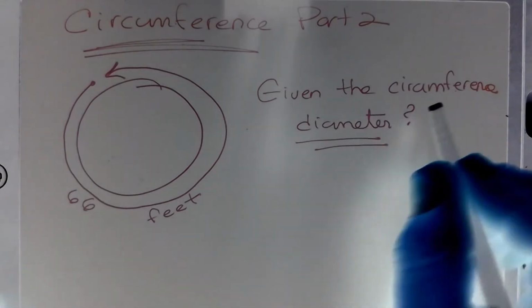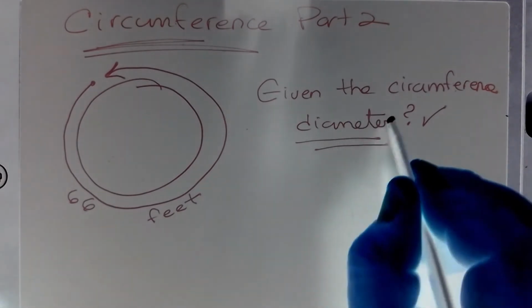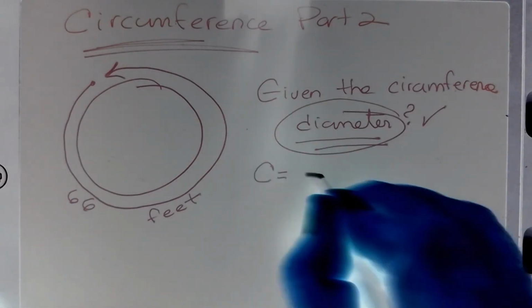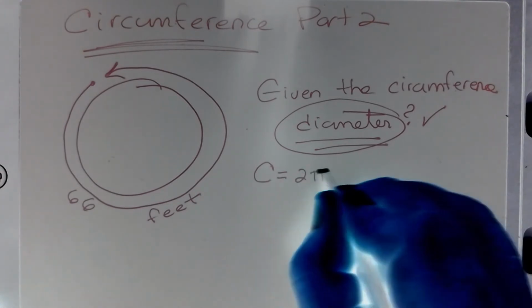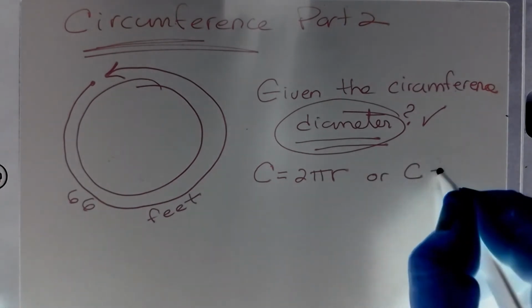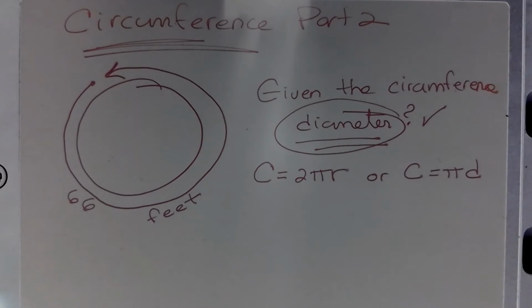Well, what is the diameter? Well, again, the question says we want to find the diameter. Remember the two formulas. The formula is C is equal to 2 pi r, or C is equal to pi d. You guys get it?